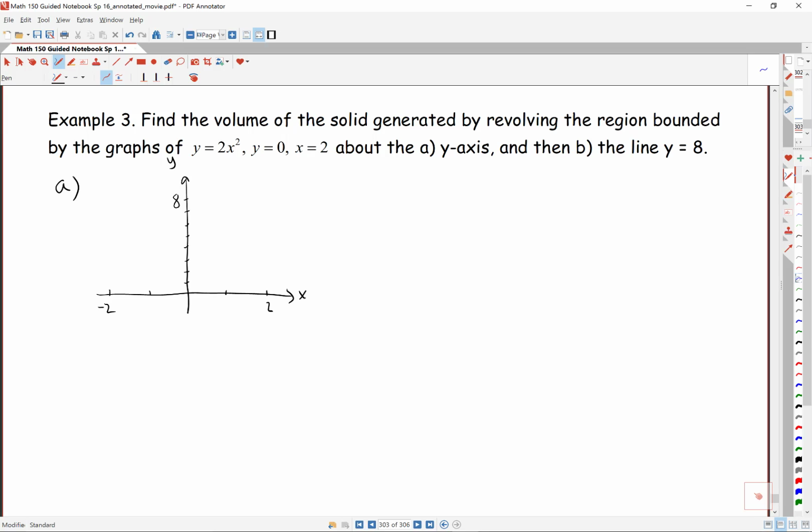So my initial graph, I have an ordered pair at 2, 8, at 0, 0, and at 1, 2. So it's going to look like this. And then I have this other bound at x is 2. I am rotating about the y-axis. My region will look like this.